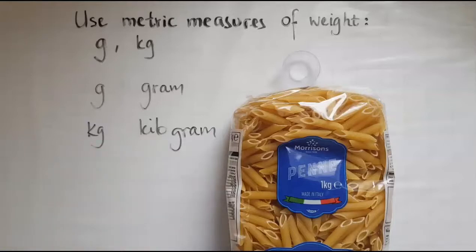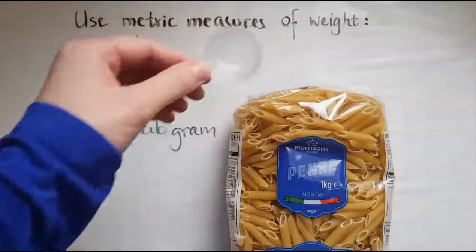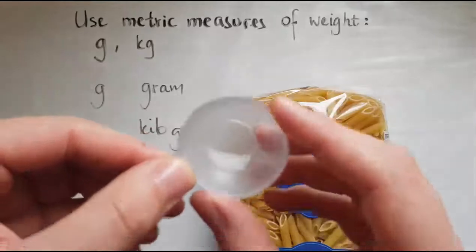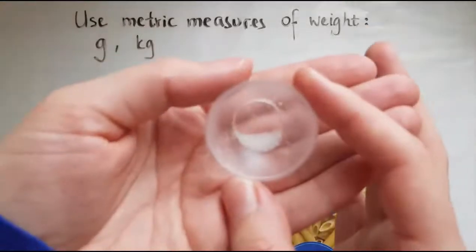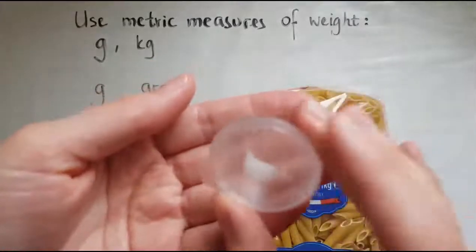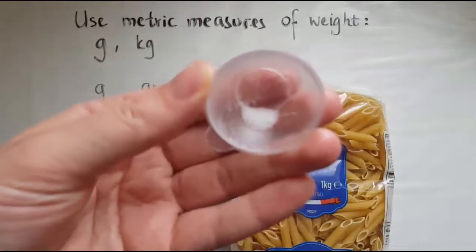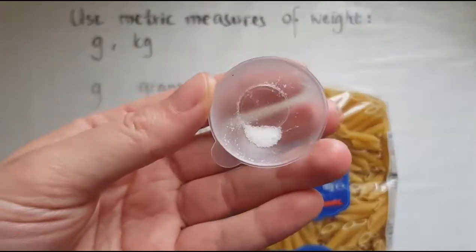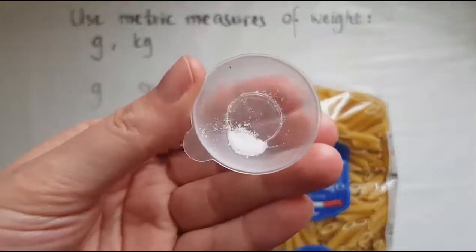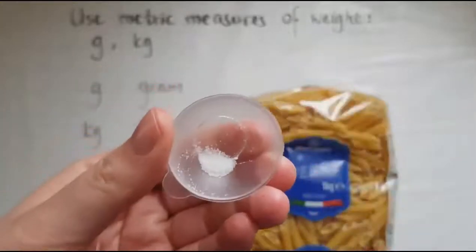Now we'll look at how much is actually a gram. I've got a few grains of salt in here, and that is how much a gram is actually. So just a few grains of salt. We measure medicine in grams as well, just like the milliliters.